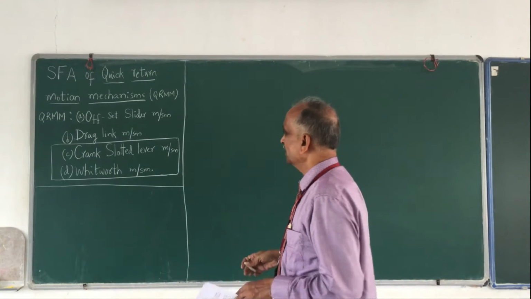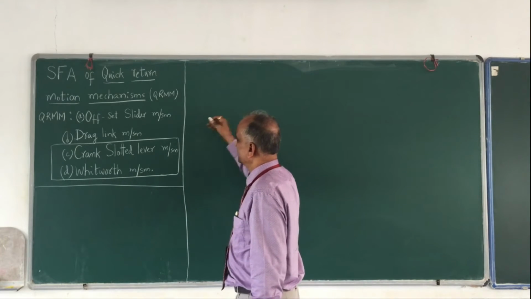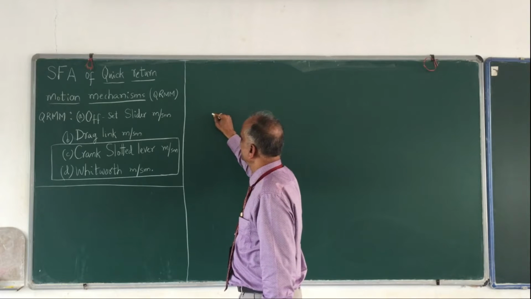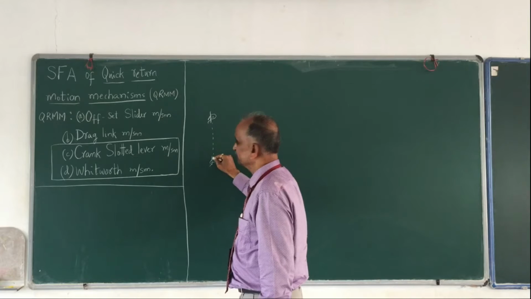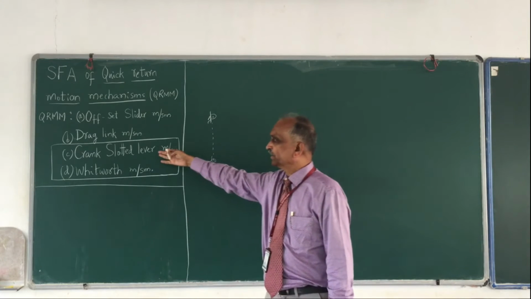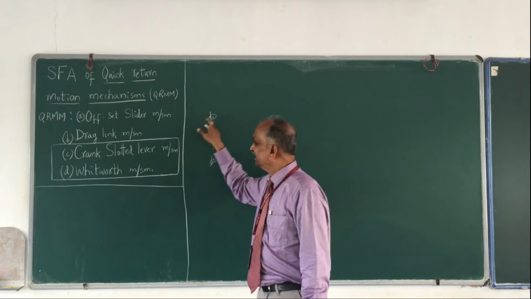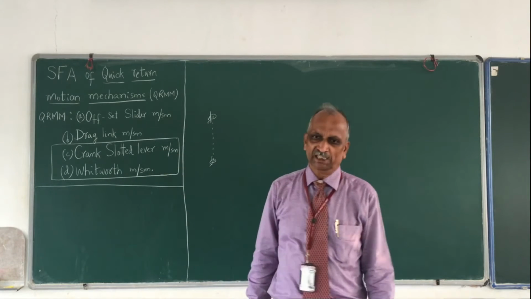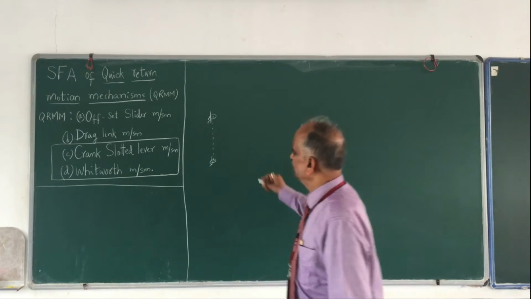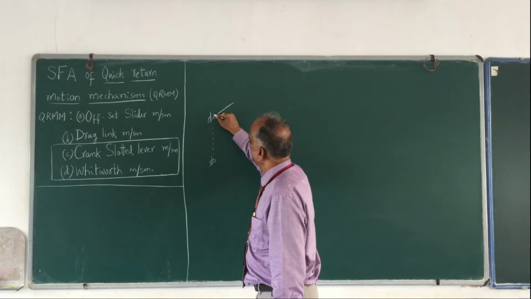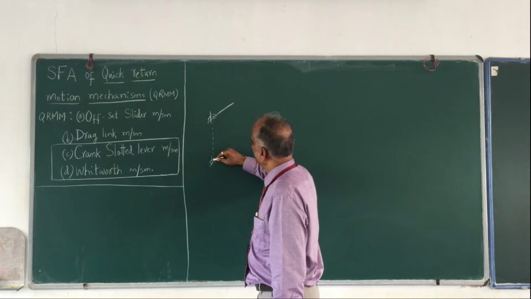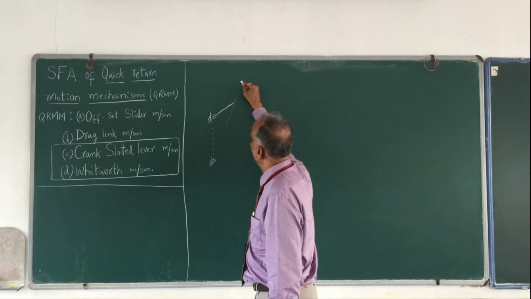Now let me draw one mechanism, say the crank and slotted lever mechanism, something like this. You have the frame. The frame is quite long in the crank and slotted lever mechanism, and this frame is very short in the Whitworth mechanism. That is the difference. Then you have a crank, and another link here, which is called a lever.